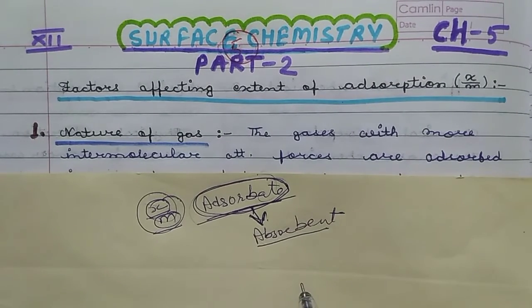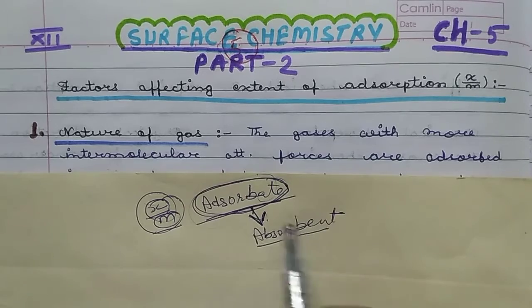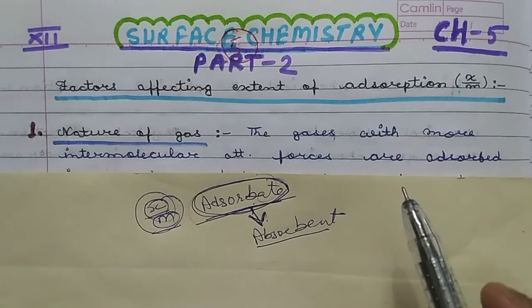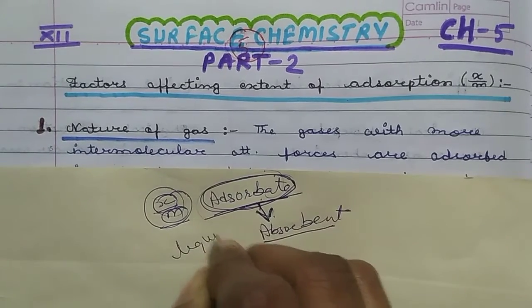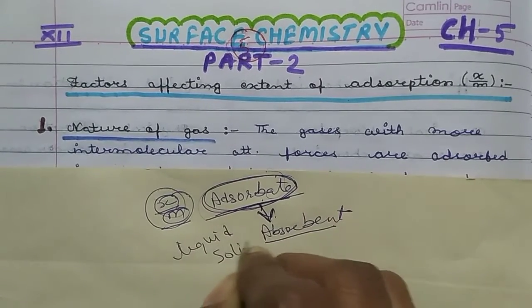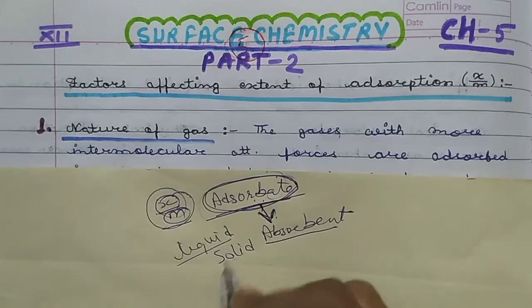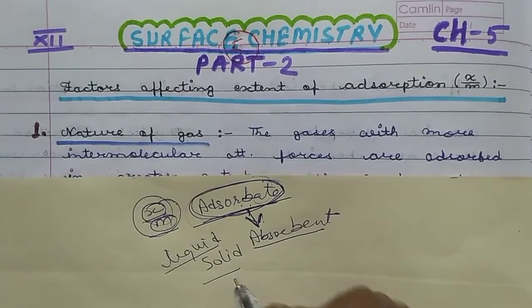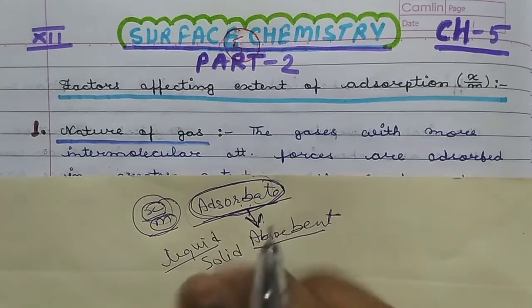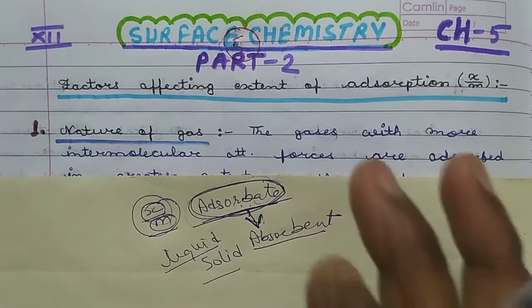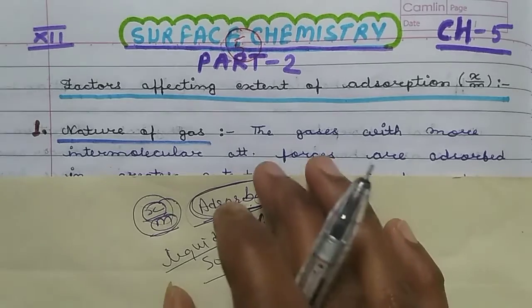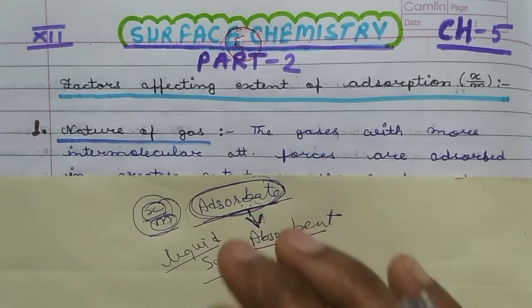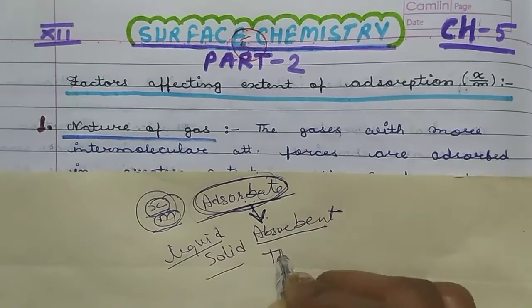And how will we identify that the adsorbate has more or less attraction forces? So see, if liquid or solid is the adsorbate, then there are more and more attraction forces. But in gases, we know that there are fewer attraction forces present.